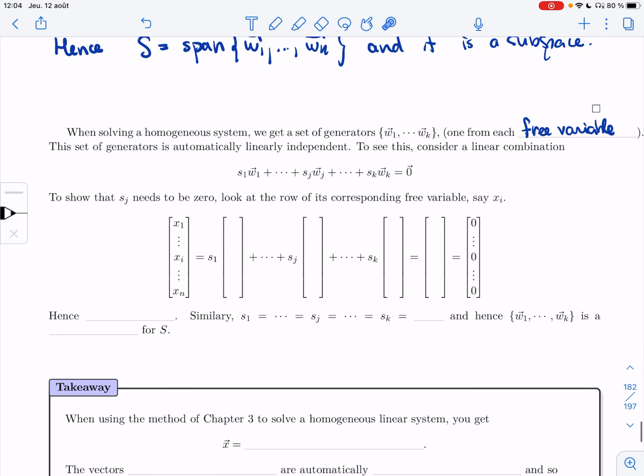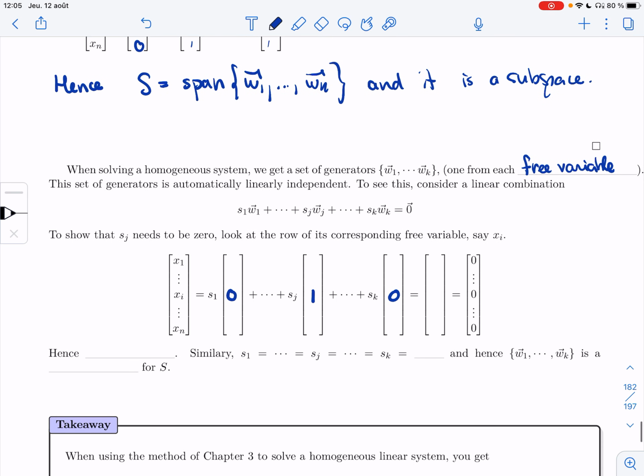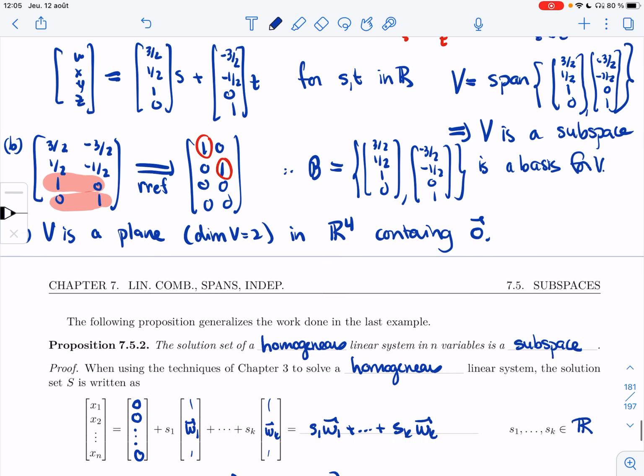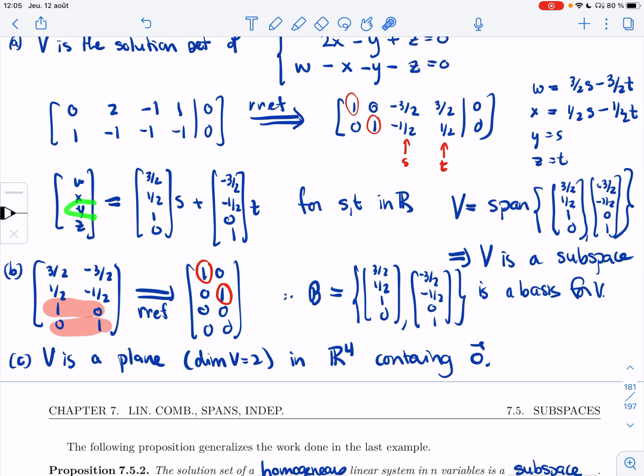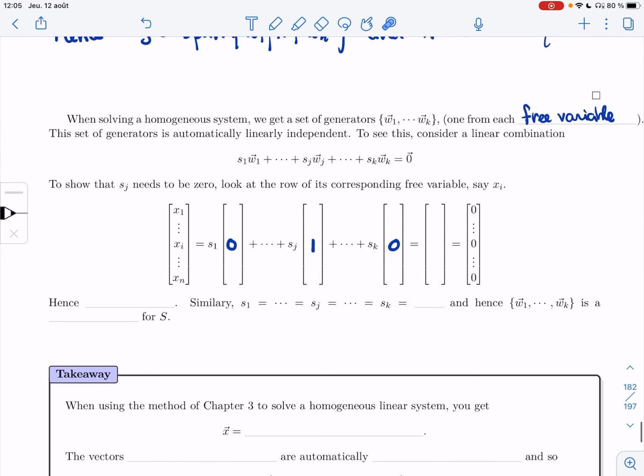To see this, consider a linear combination of my w's right here. To show that sj needs to be 0, look at the row corresponding to the free variable xj. Then I'm going to have all zeros and a single one in sj. That's what I had here: the free variable corresponded to s, and so I have a single 1 and then 0s. Perfect.